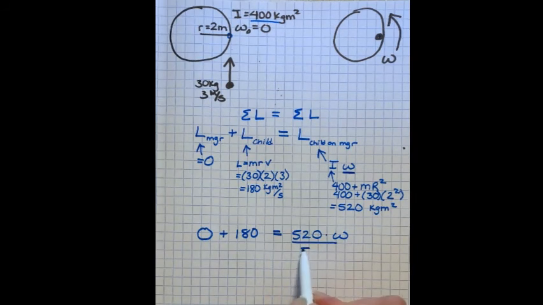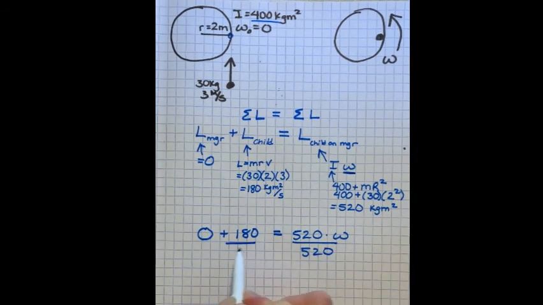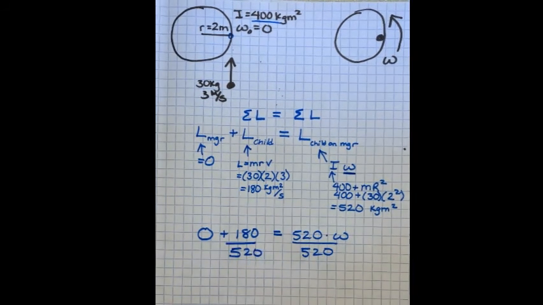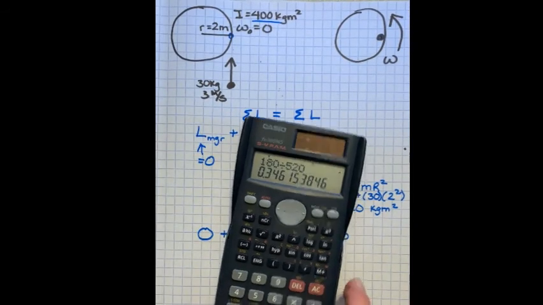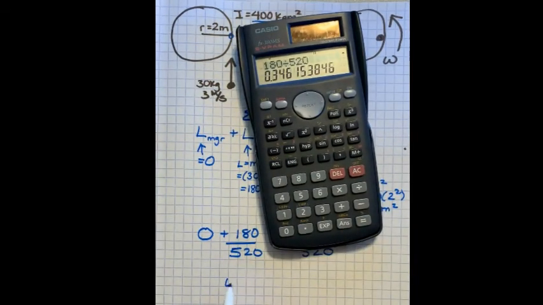Okay, so we'll divide by 520. 180 divided by 520. And there we have our angular velocity. Omega is equal to 0.346 radians per second.